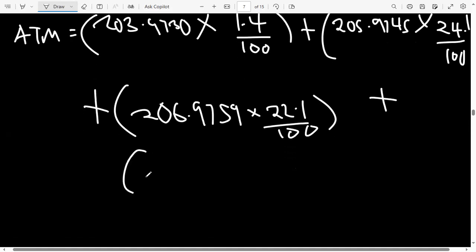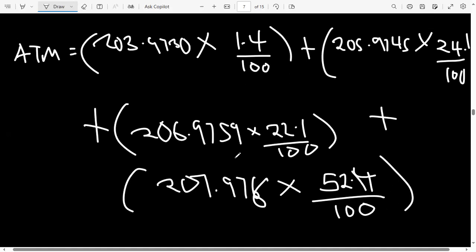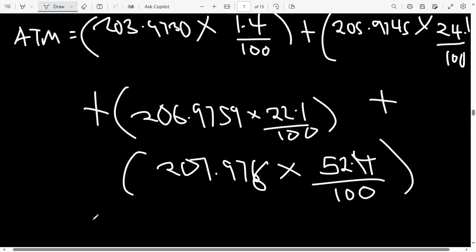So the last one is 207.9766 multiplied by the percentage that we found, which was 52.4 divided by 100. So the only thing remaining is to punch all these values into your calculator. So let's punch all these values into the calculator and see what we are going to get.